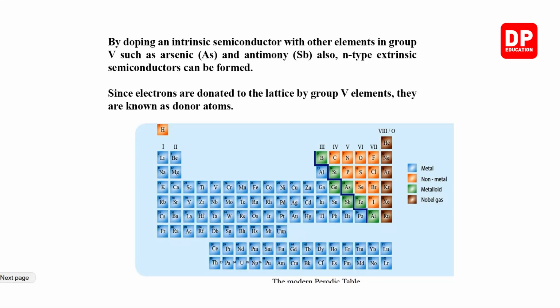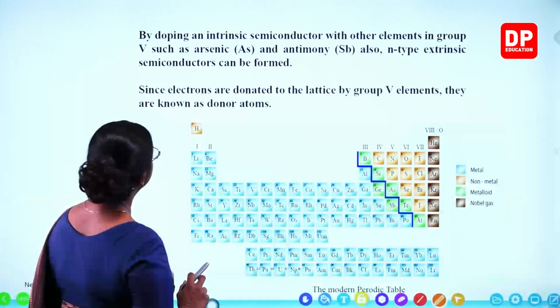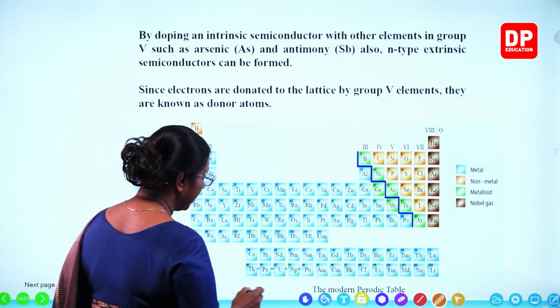So here you can see, by doping an intrinsic semiconductor with other elements in group 5 such as arsenic and antimony, N-type extrinsic semiconductors can be formed.